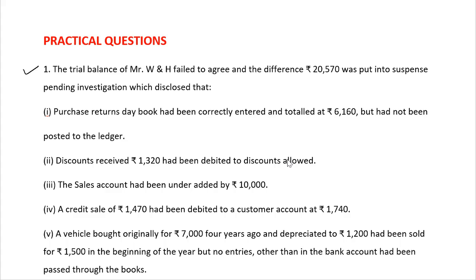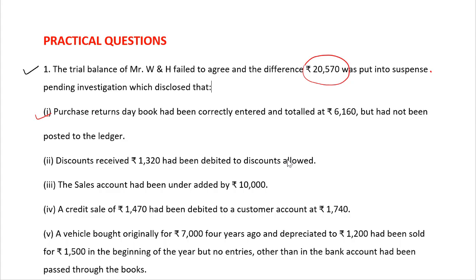The trial balance of Mr. W and H failed to agree, and the difference of 20,570 was put into suspense account, that is suspense pending investigation, which disclosed that: 1.